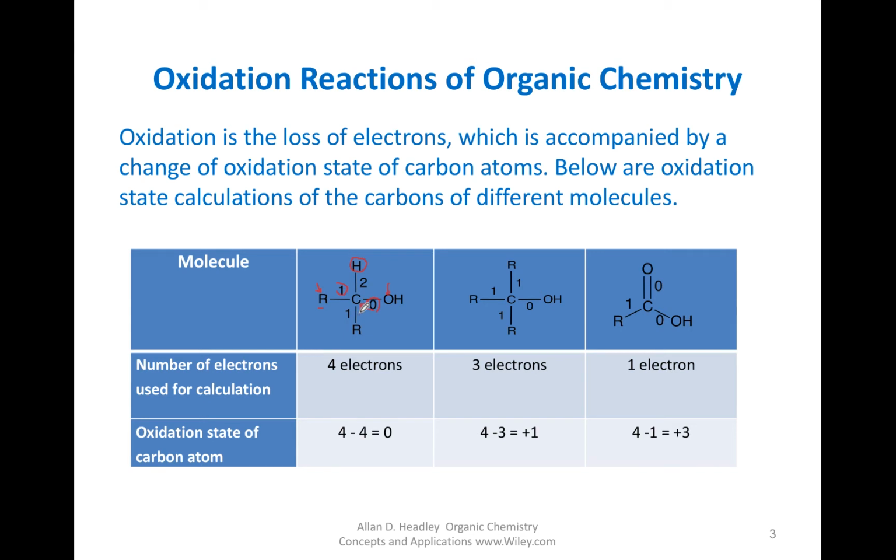So the number of electrons that are associated with this carbon in terms of calculating its oxidation state would be 2, 3, and 4 electrons, and you subtract that from 4, which of course is the oxidation state of carbon as shown on the periodic table, so that's 0. So the oxidation state of this carbon here is 0.